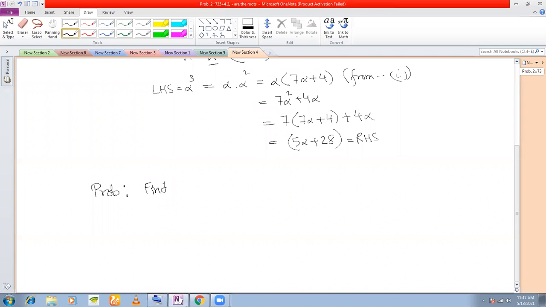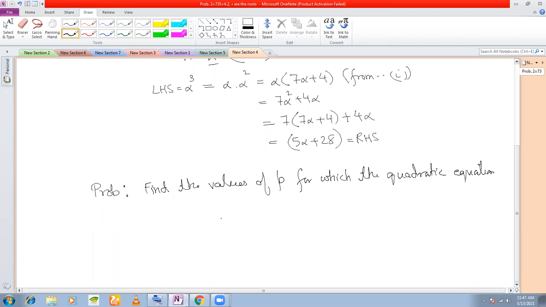Find the values of p for which the quadratic equation x square minus px plus p plus 3 equal to 0 has: first, coincident roots.